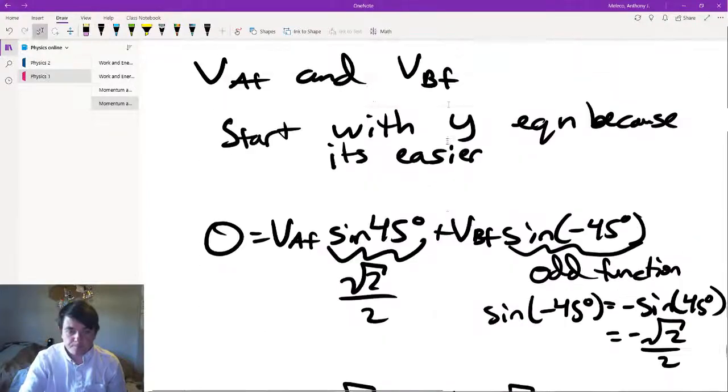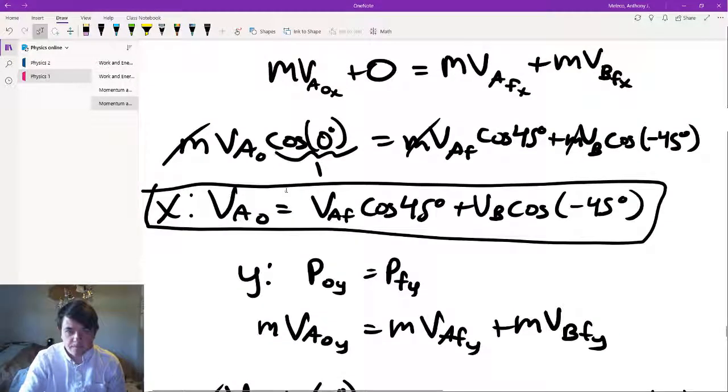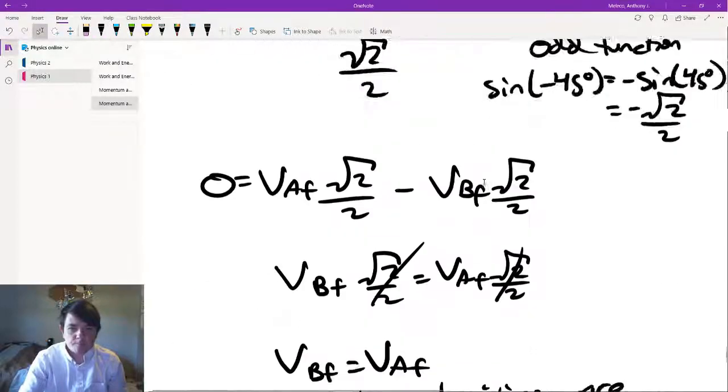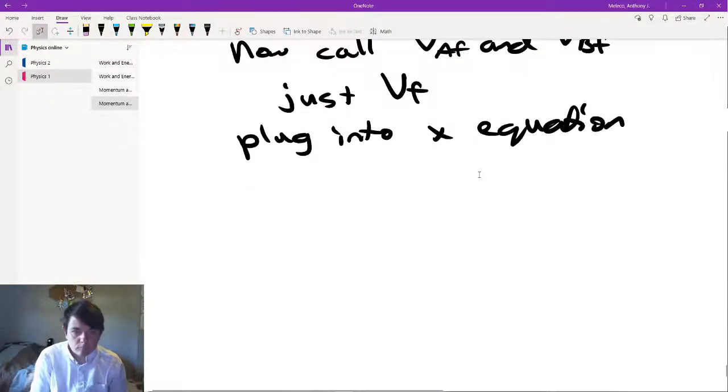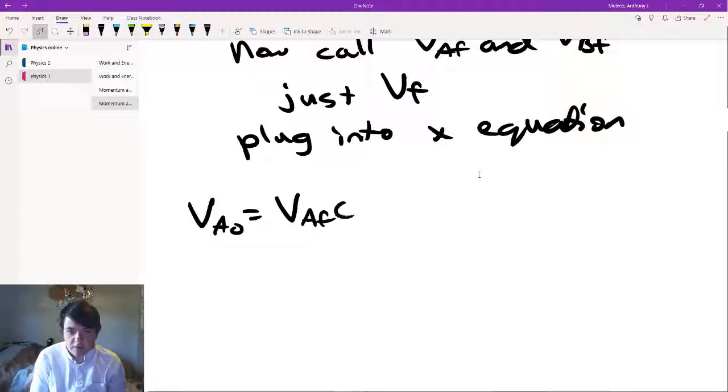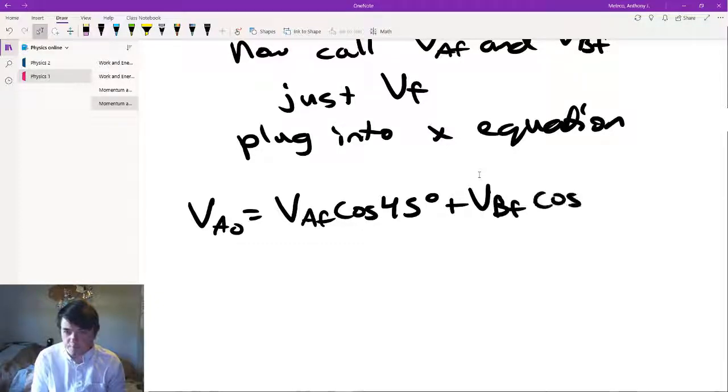Okay, our X equation was this. I forgot to have an F up here. Okay, so VAO equals VA final cosine 45 degrees plus VB final cosine of minus 45 degrees.